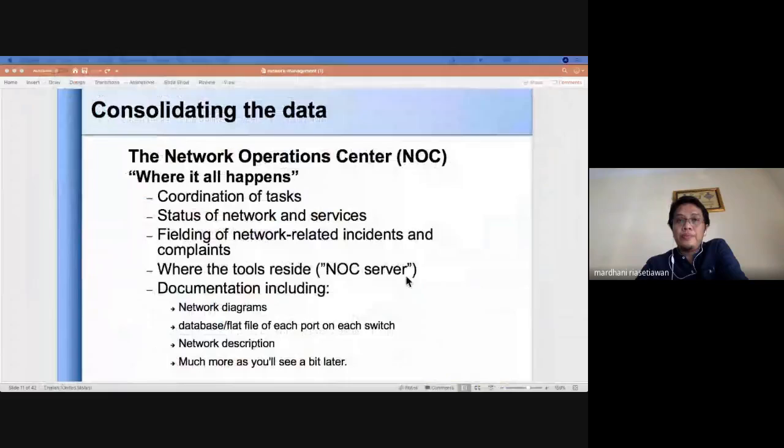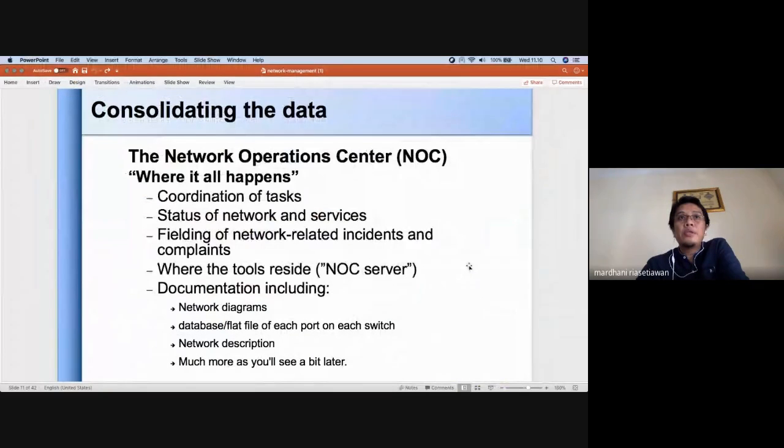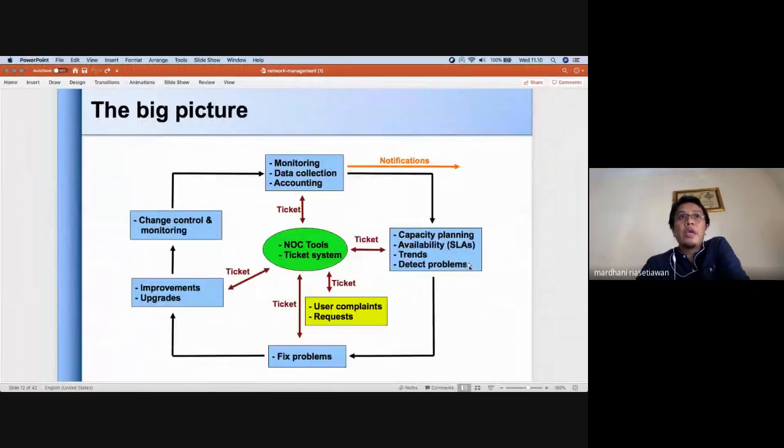We can continue. Okay, and then this is the big picture of how the network operation control or network management works. We do some capacity planning and availability, and then trend and detect problems, provided by the NOC tools.